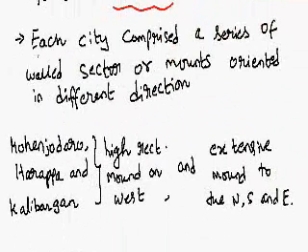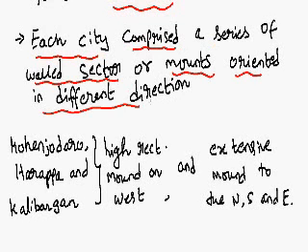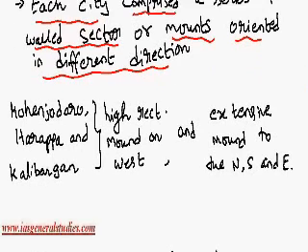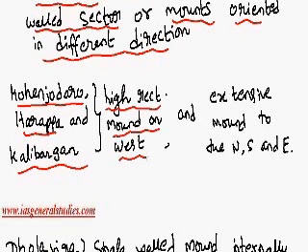If you see the city, each city comprised a series of walled sectors or mounds oriented in different directions. Now study Mohenjo-daro, Harappa and Kalibangan. We can see the high rectangular mound on the west and extensive mounds to the north, south and east.